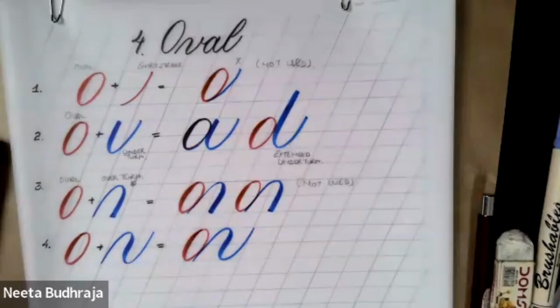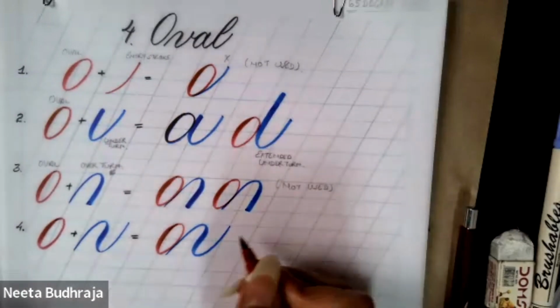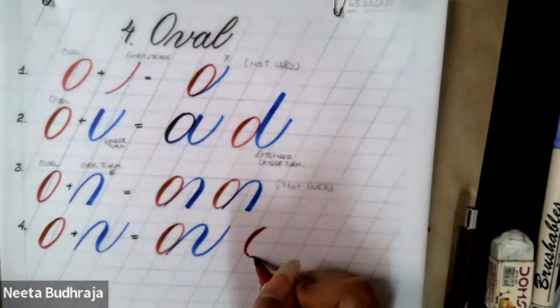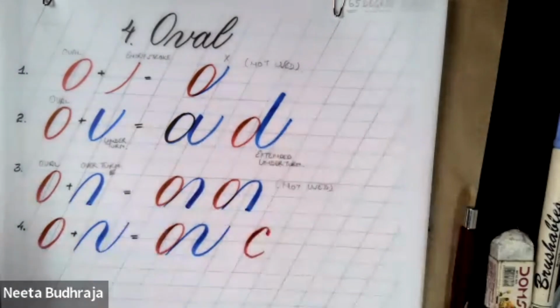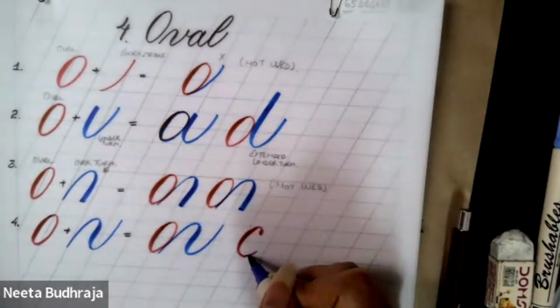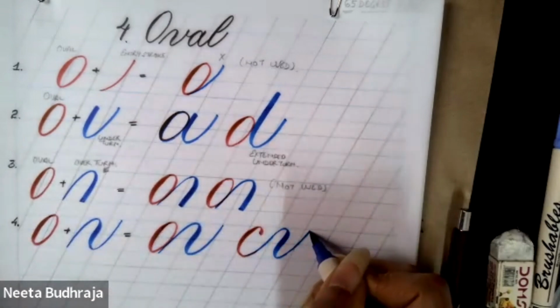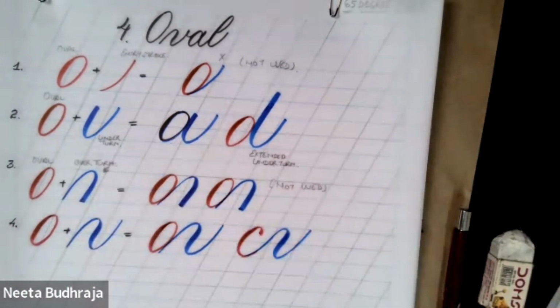But yes, we do use it if we are making a half oval or partial oval, like in C. So this is our partial oval, and this is our letter C. And when we are combining it with our compound curve, then yes, it creates a different letter form.